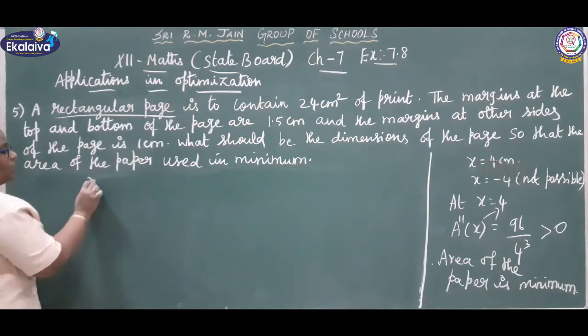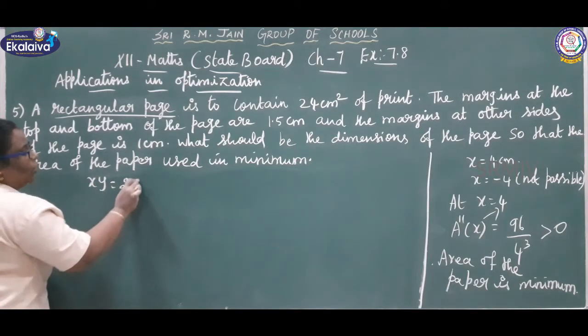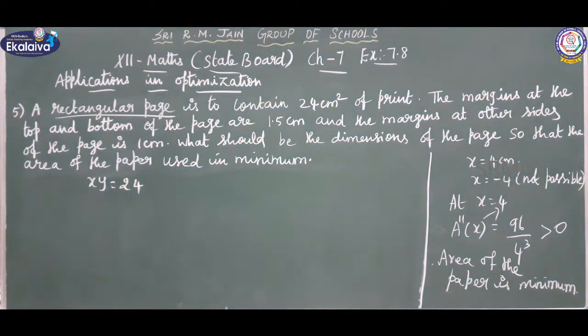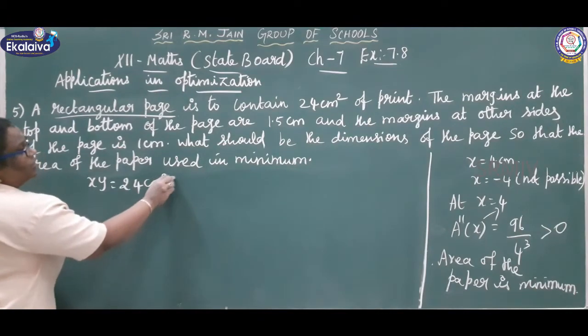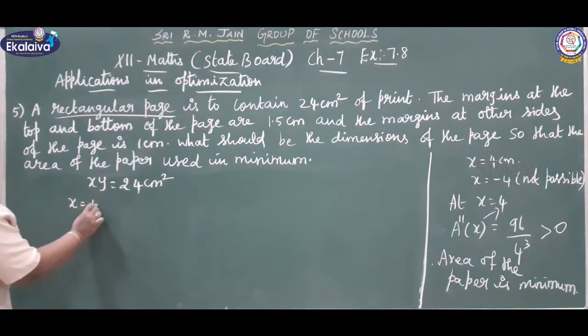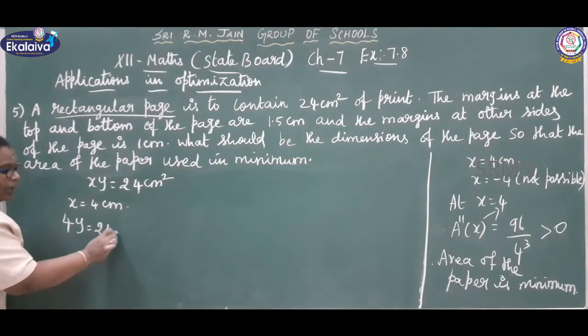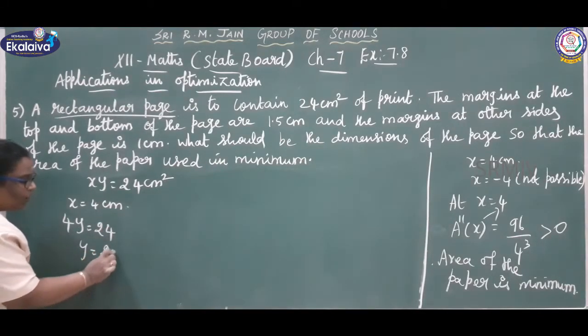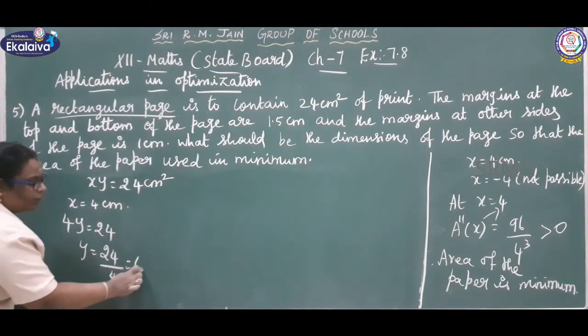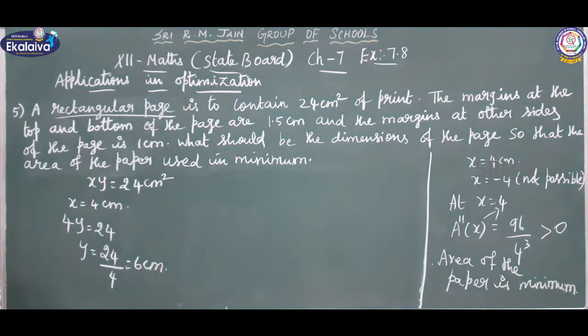Given area of the page xy equal to 24 centimeter square. What is the x value? X equal to 4 centimeter. What about y value? 4y equal to 24, y equal to 24 by 4, it is nothing but 6 centimeter.